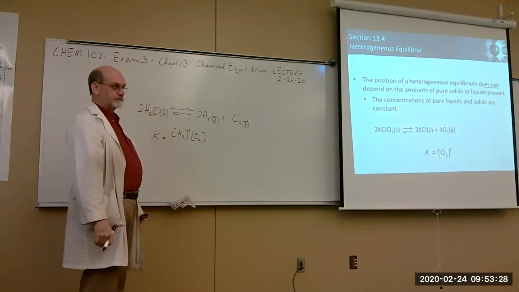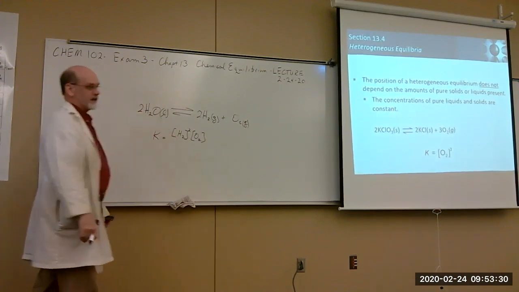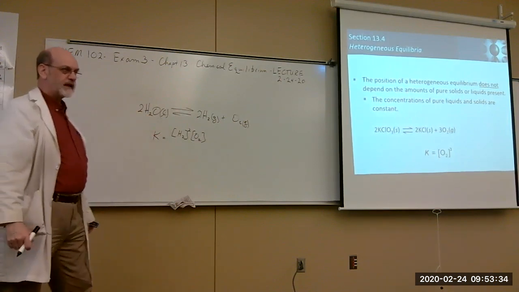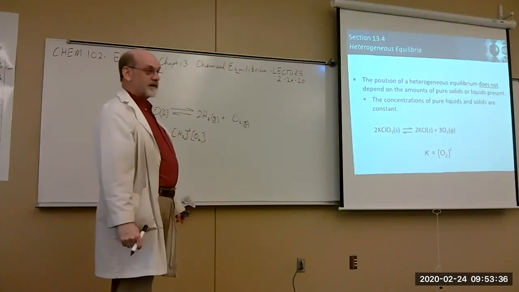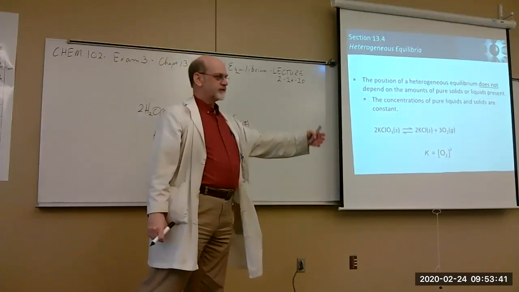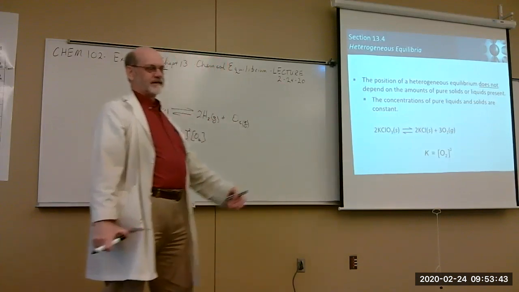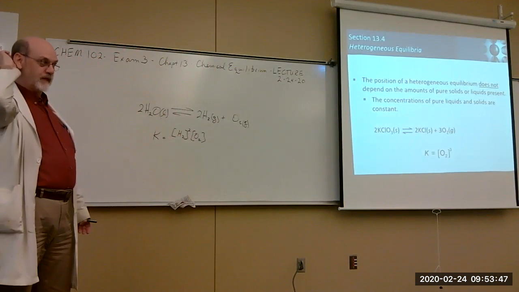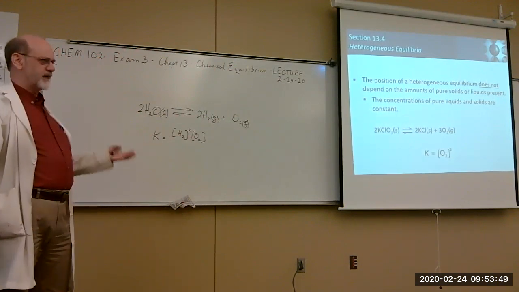This is only for heterogeneous. So if you have solid plus solid yields solid plus solid, there would be no equilibrium expression. I'm glad you brought that up because I've never considered that before.